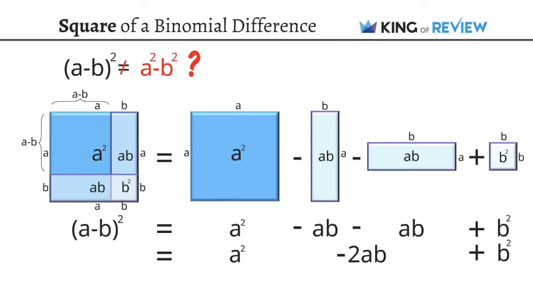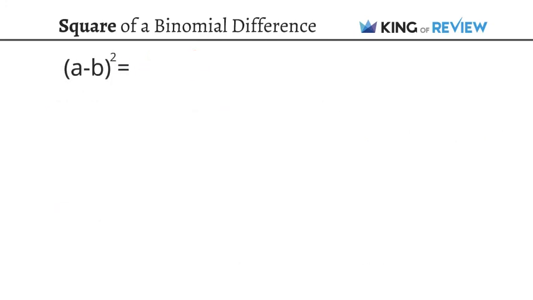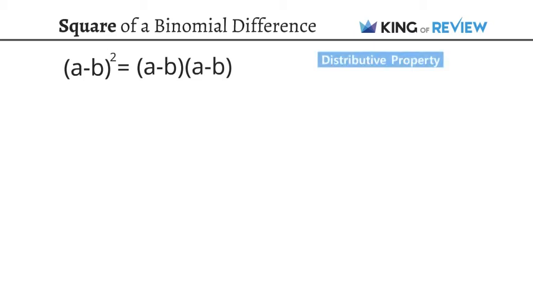Everybody clear? Okay, now I'm going to solve this from an algebraic perspective. We know that this is equal to a minus b times a minus b, and we can solve this using both the distributive property and the FOIL method. This time let's solve this with the FOIL method.